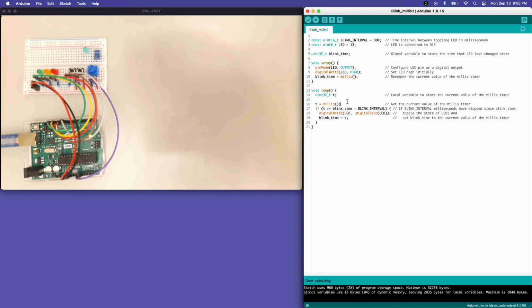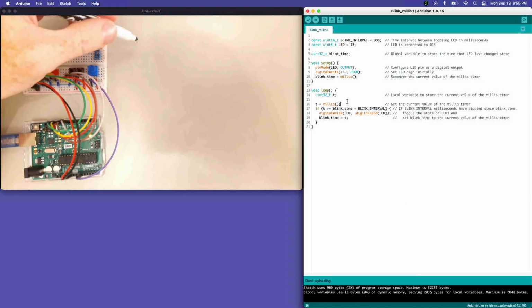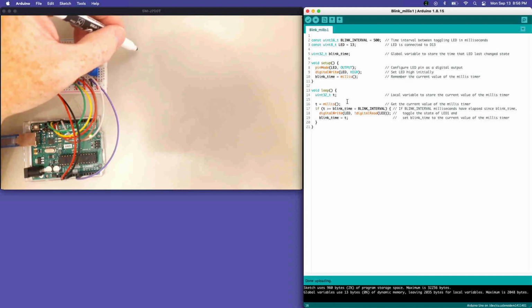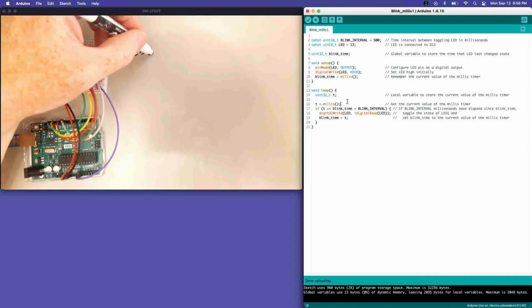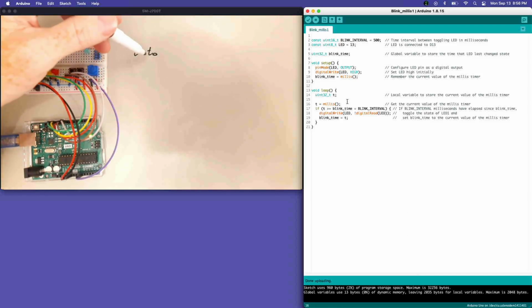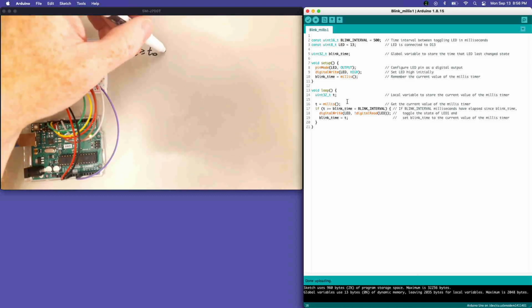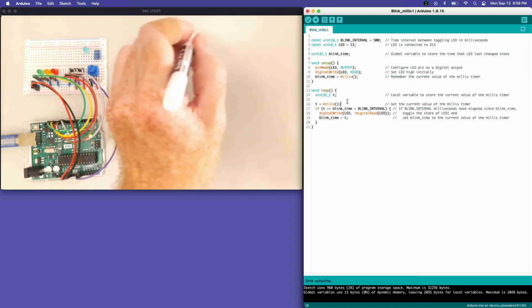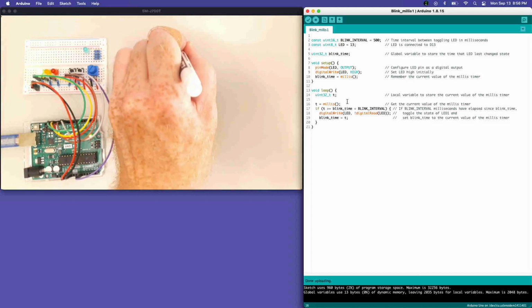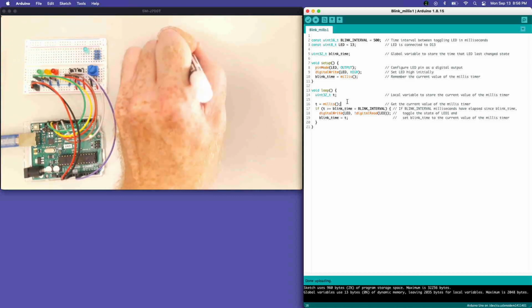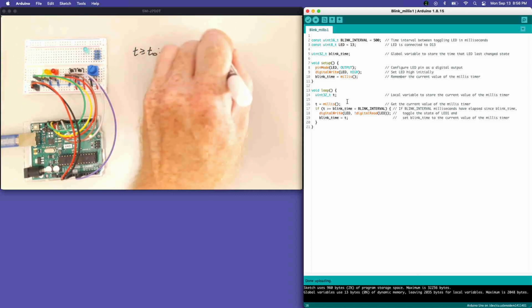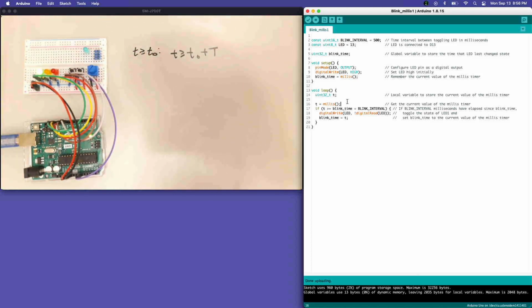And so the condition that we have when the normal case ensues, that's when t is greater than or equal to, let's say, t0. t0 is going to be our origin, our time origin. And in this case, the condition we're interested in checking is the one that we have in the code right now, that t is greater than or equal to t0 plus capital T, where capital T is our time interval.